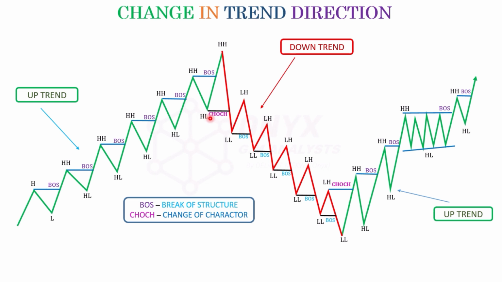So it makes it a lower low. What does that mean? It means change of character, which is the CHoCH. So the minute you spot this, you have to be aware that the market is telling you something.